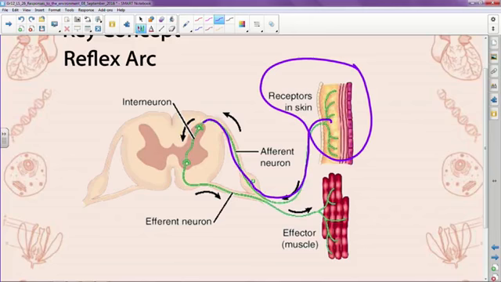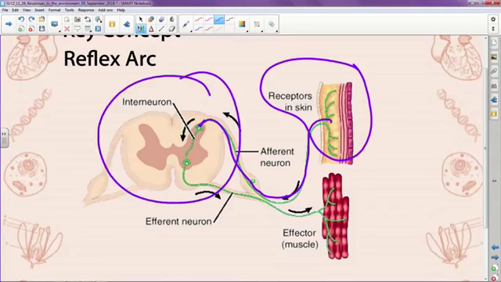The reflex arc is found inside your spinal cord. You get an interneuron, in other words, it's between neurons. It changes from a sensory neuron to an interneuron, moves back through a motor neuron, and it tells the muscles to do something.